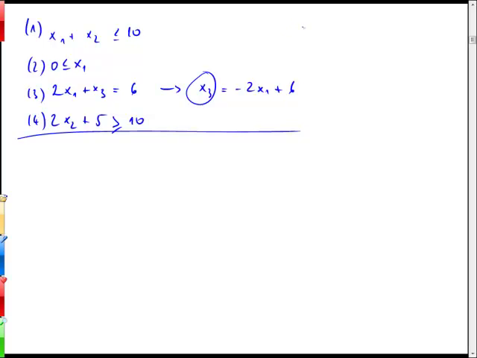What does constraint 1 imply for x1? X1 is less or equal minus x2 plus 10. So it is an upper bound. Constraint 2 is directly a lower bound, and constraint 3 does not contain x1, so it is just none.